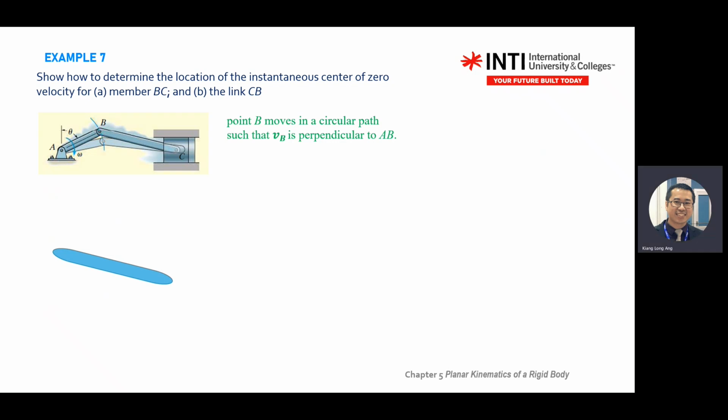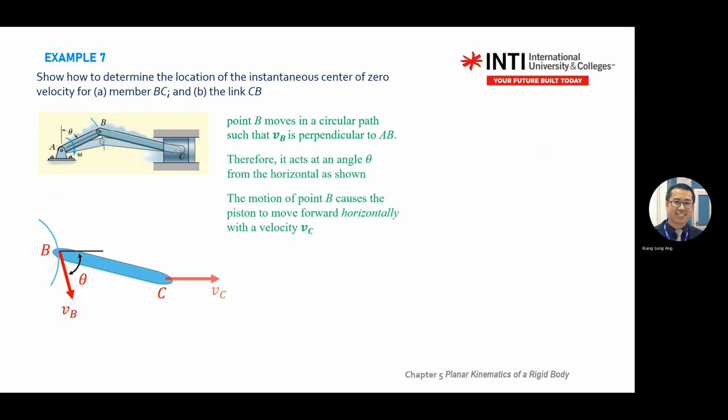Draw the motion of B, draw the motion of C. Put in the velocity. B's velocity goes here, right? C goes there. Of course, there's an angle from the horizontal. C will go there. So again, recall how you draw the IC line.